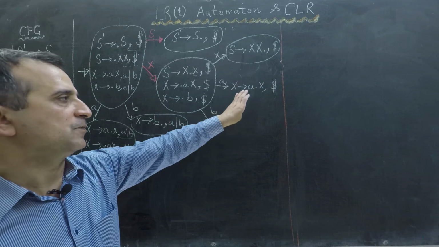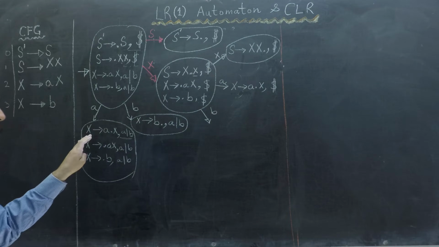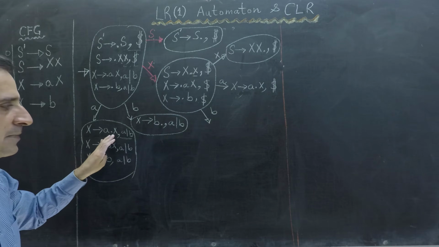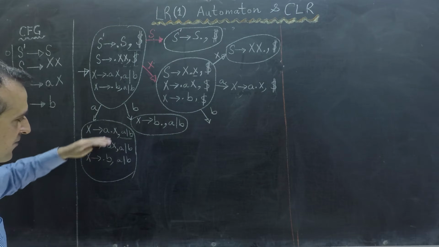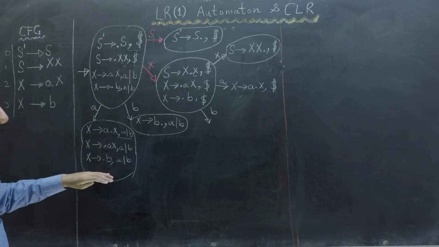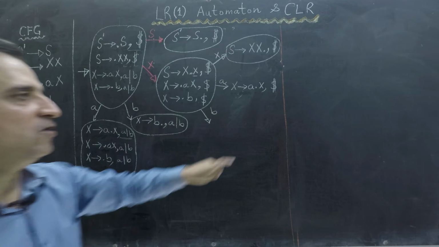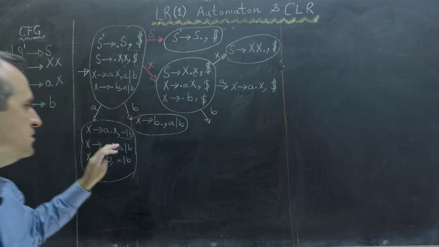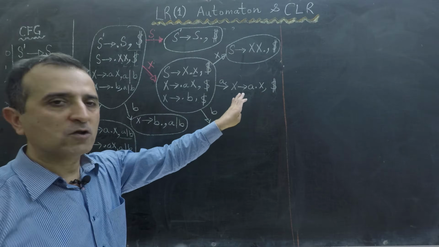X goes to A dot X, and here also we have X goes to A dot X, and the other two productions will also be the same. But in this case, because of this look ahead, these two productions are not considered the same.